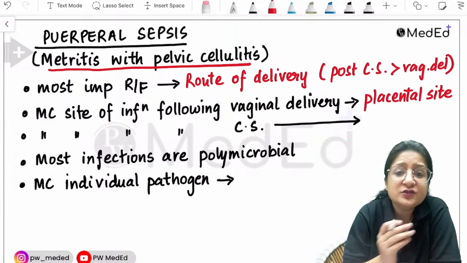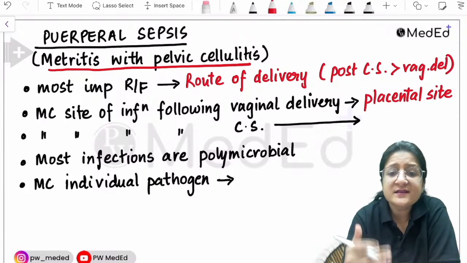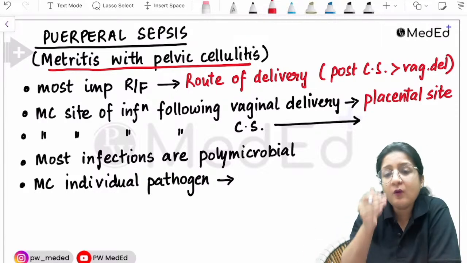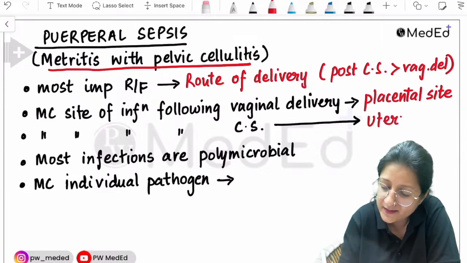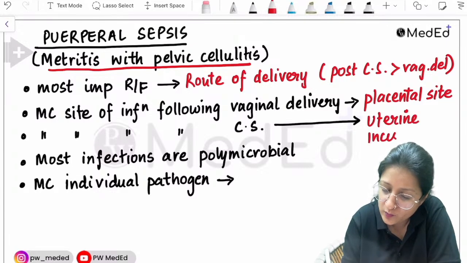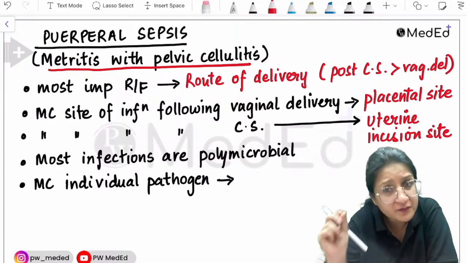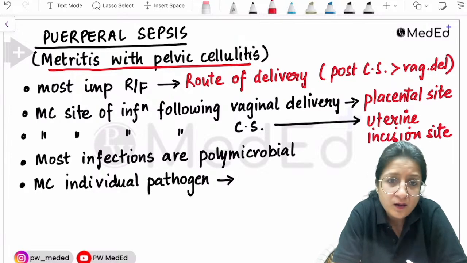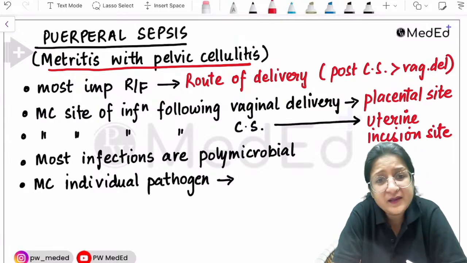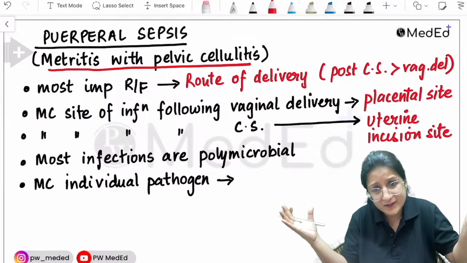And if they ask you the most common site of infection following cesarean section, during cesarean section we have given an incision on the uterus and then stitched it up, right? So it is the uterine incision site which is the most common site of infection following a cesarean section. That is from where it begins, and then it can spread into the rest of the uterus, causing maybe even pelvic cellulitis if the infection spreads further.